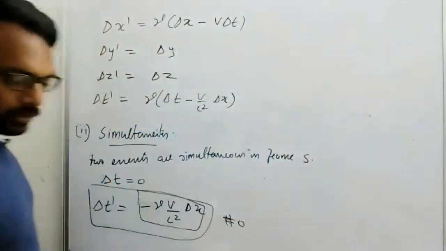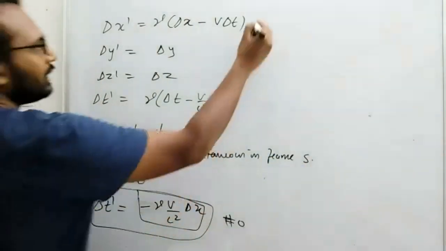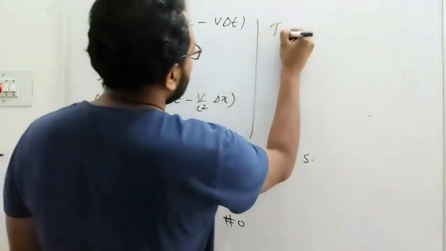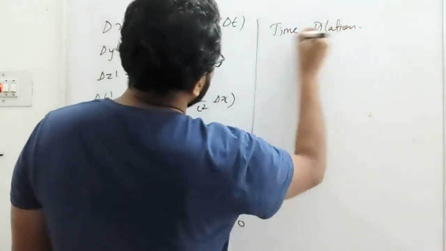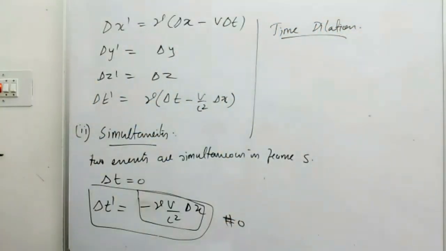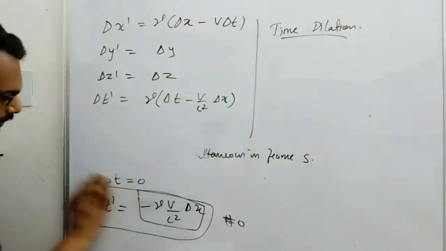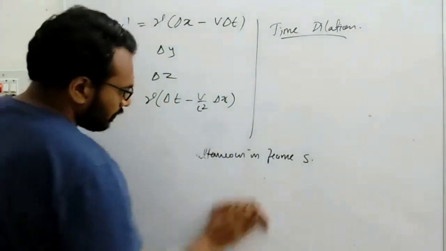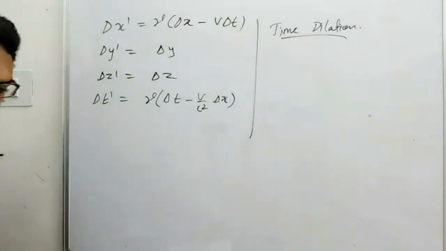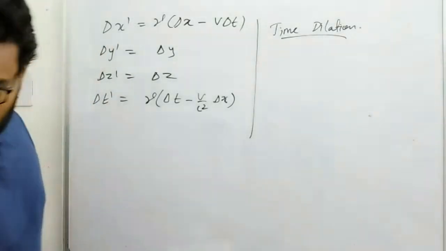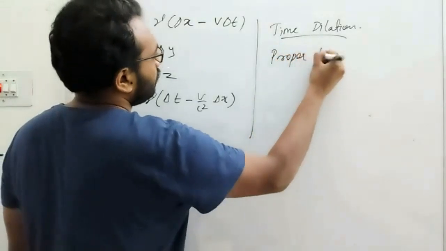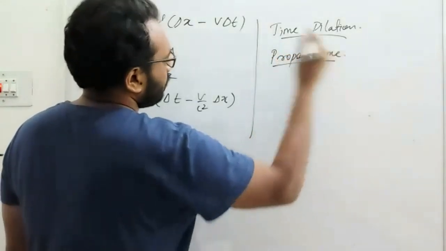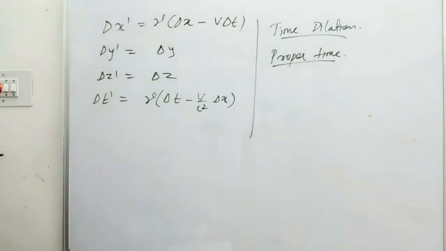We can also talk about what's called time dilation. Before discussing what we mean by time dilation, I'll just introduce a very important concept called proper time. This "proper" is not the proper in English.